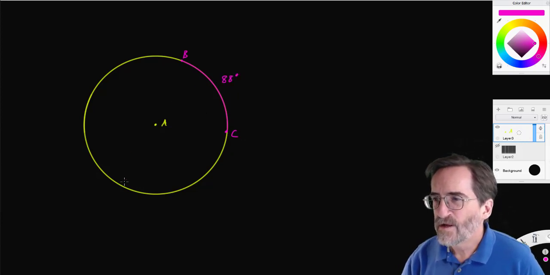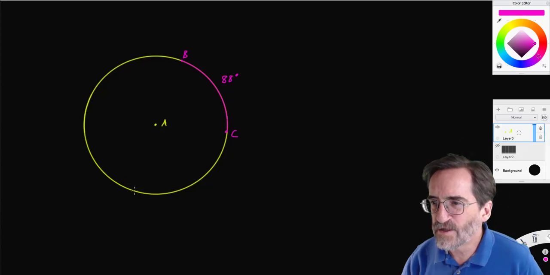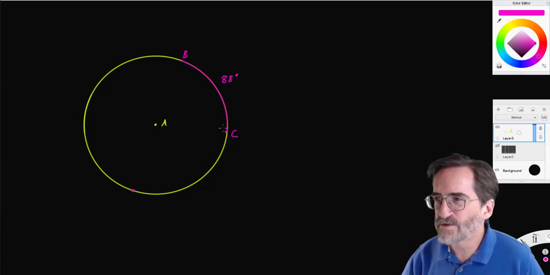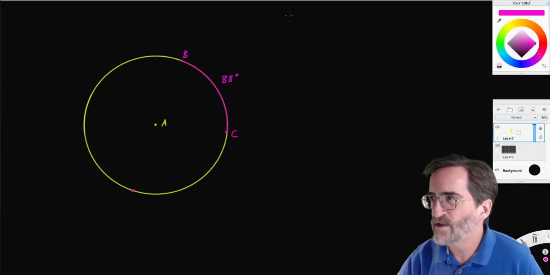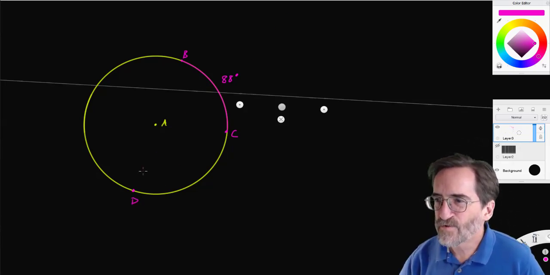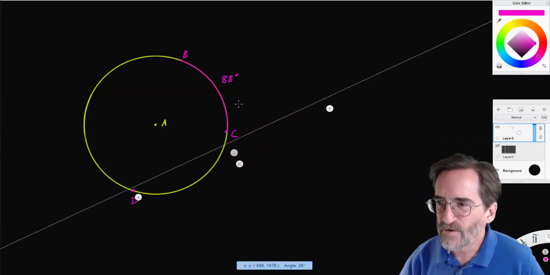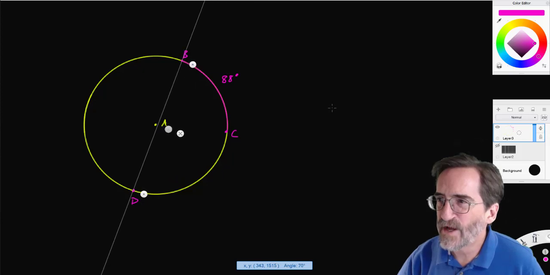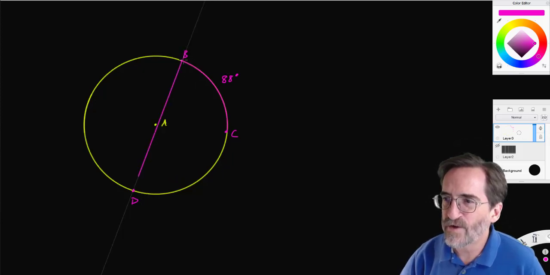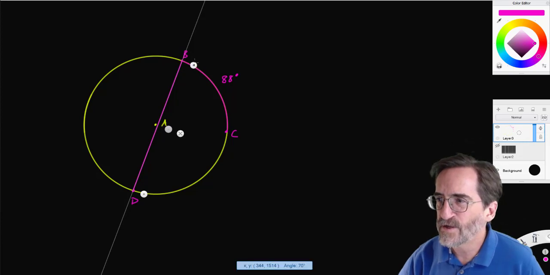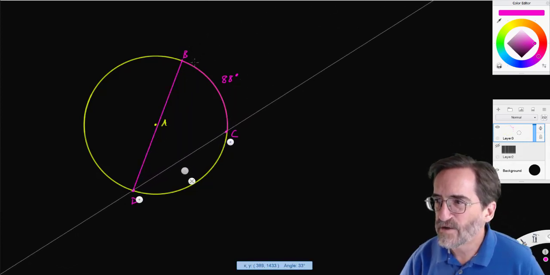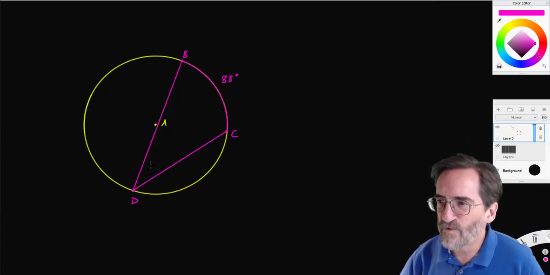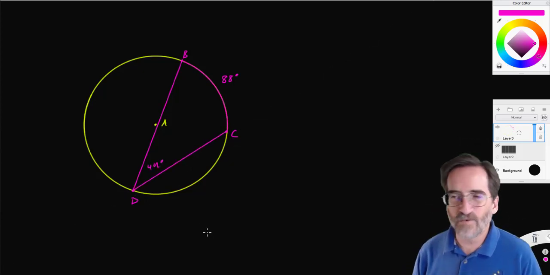If I put any point anywhere else on the circle, just so it's not on the arc BC, call it D, then that inscribed angle is going to be half the intercepted arc. It doesn't have to go through A, it doesn't matter where on the circle it is. So the inscribed angle is going to be half of 88, or 44 degrees. That's what we learned.